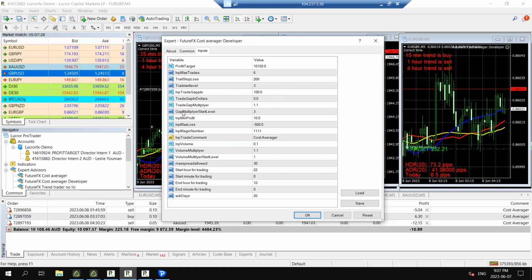And we also, a little bit like the trailing stop loss, have a gap multiplier start level. And I have this on 3. So the first 3 trades are only going to be 100 points apart, and then after that, it's going to go up by a multiplication of 1.1.